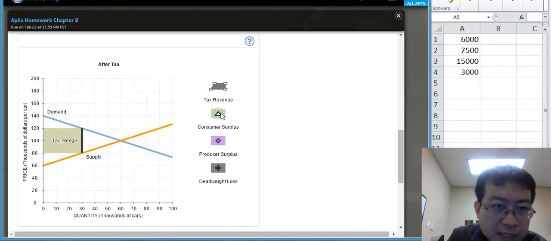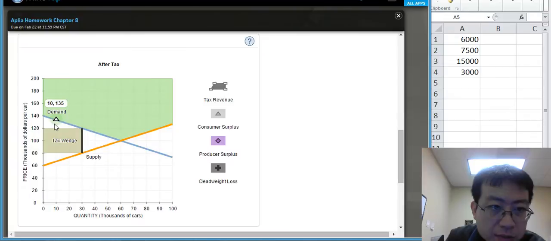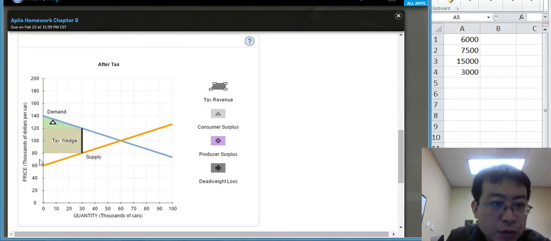And then your consumer surplus again is between the price line and your demand curve, but now your price line has moved up to 120. So this is your consumer surplus. And your producer surplus, the price the company receives, has lowered to 80. So this is our producer surplus, and the deadweight loss is this triangle over here.